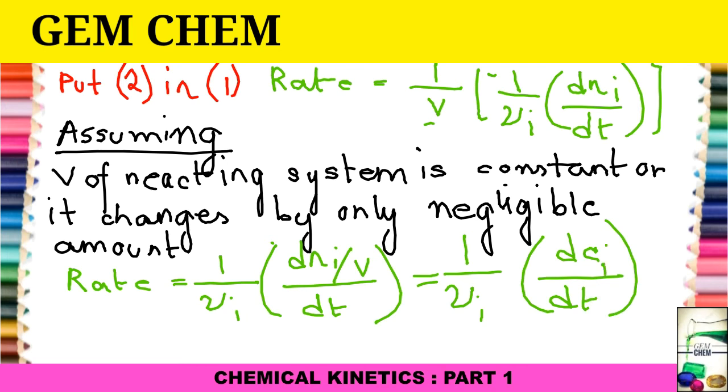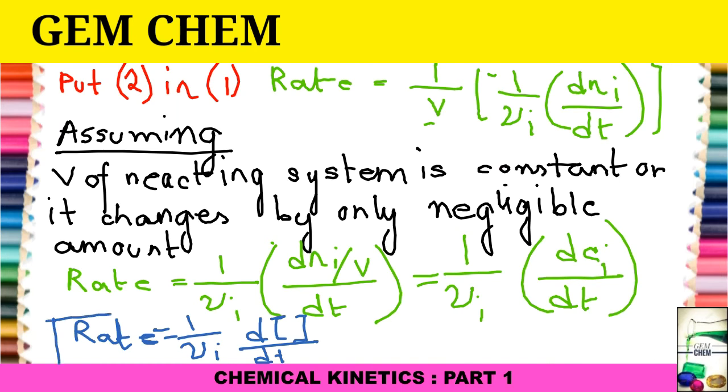So ultimately the result, which we have seen all the time, that is, rate is given by 1 by nu i d concentration by dt, and this is the rate expression. So this is how we can obtain the rate expression and use it in different reactions.